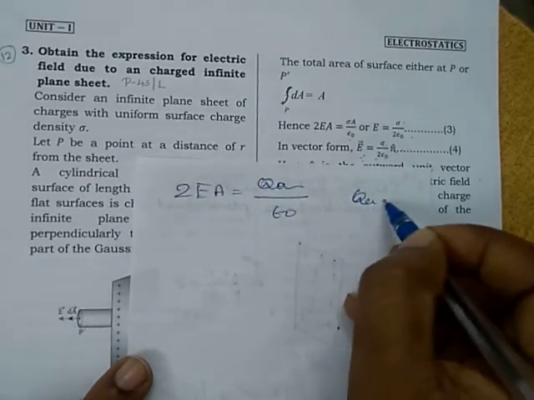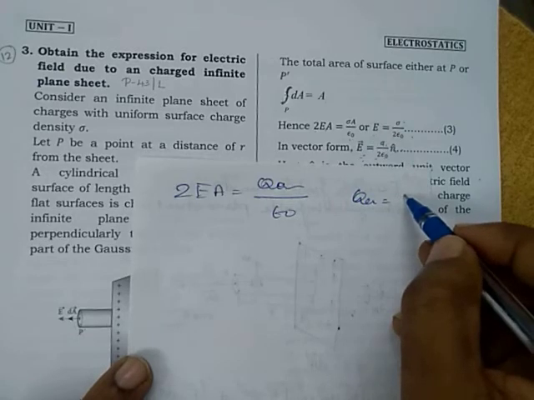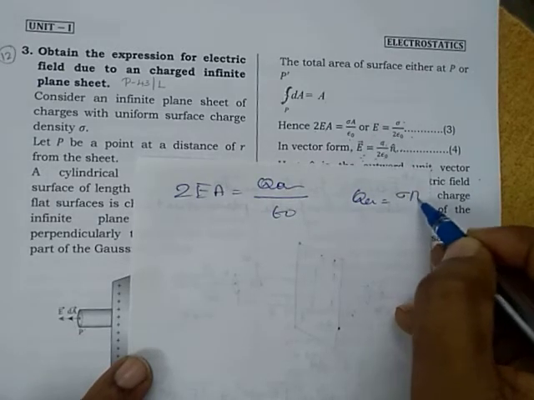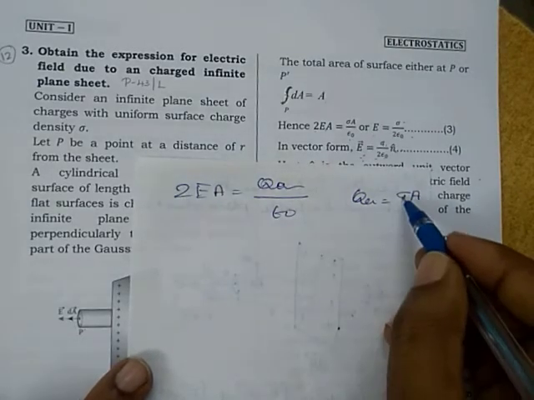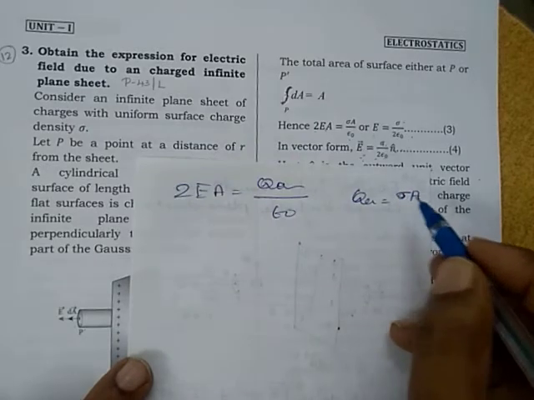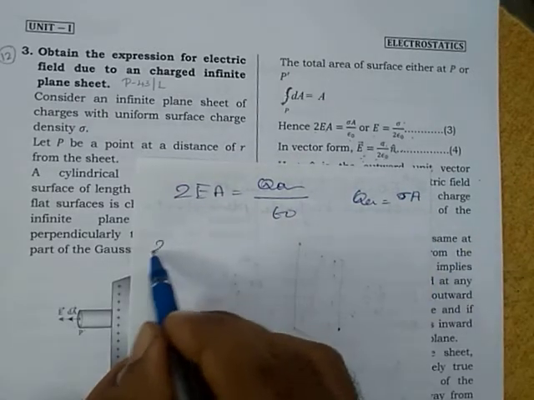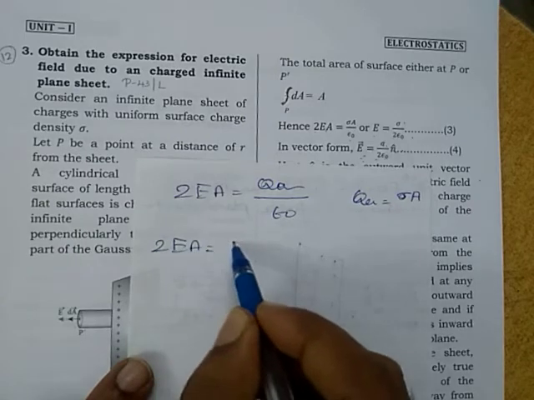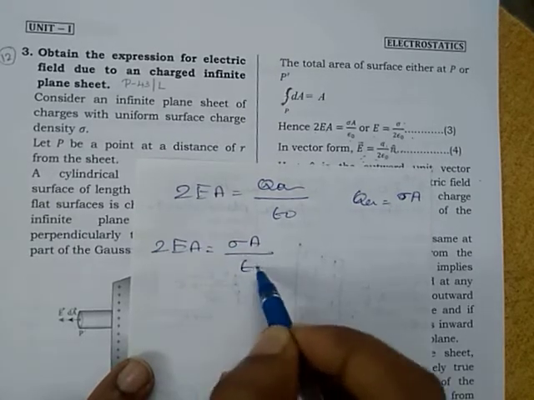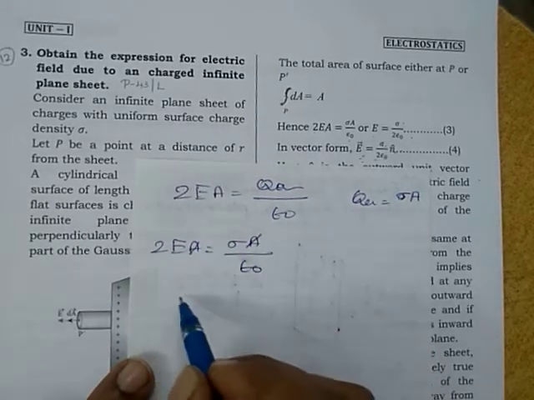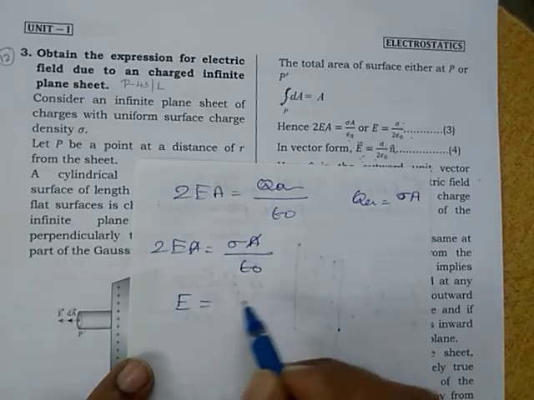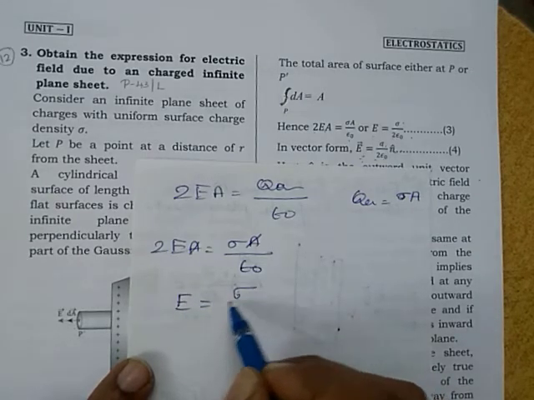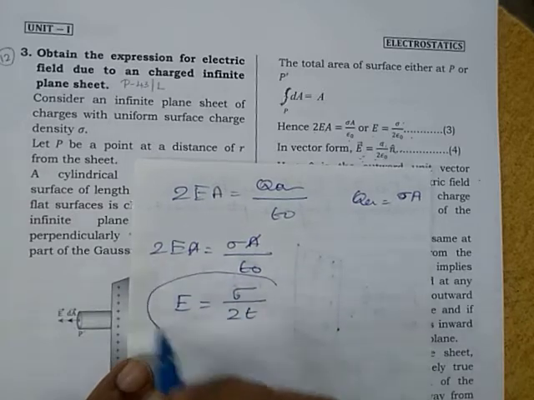We know Q enclosed is equal to sigma A, where sigma is the surface charge density. Then we can write 2EA is equal to sigma A by epsilon naught. A is going to cancel, then electric field E is equal to sigma by 2 epsilon naught.